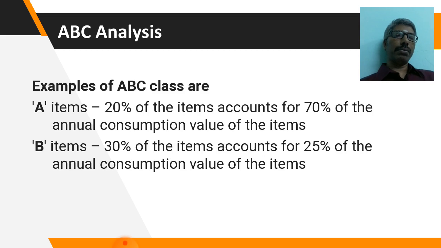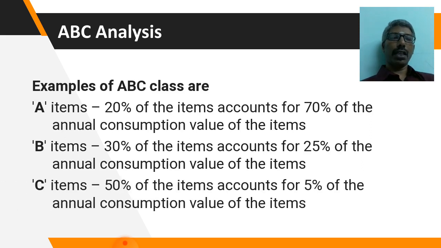B items account for 30% of quantity and 25% of the annual consumption value. And C items occupy 50% of the total quantity, having only 5% of the annual consumption value.